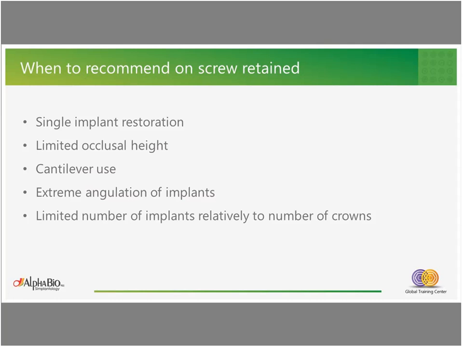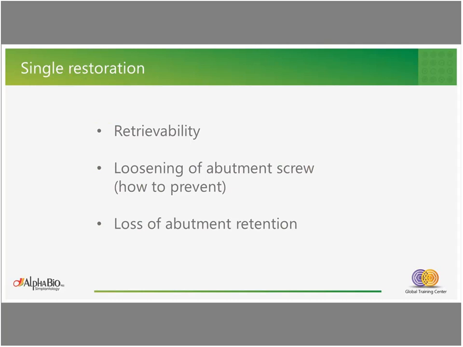The choice of making a single restoration screw-retained is because we have the advantage of retrievability. If we have a situation with loosening of the abutment screw, there's no problem to retighten it in case we have the abutment screwed with the crown, and we can prevent loosening of the screws when we use a brand new screw when we want to connect the final restoration.